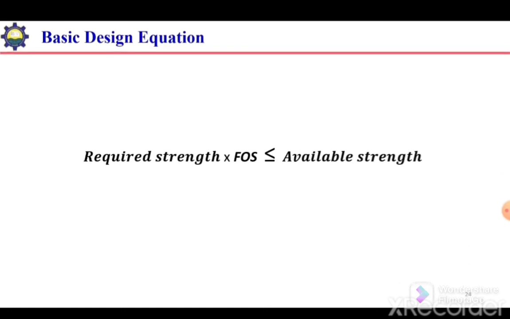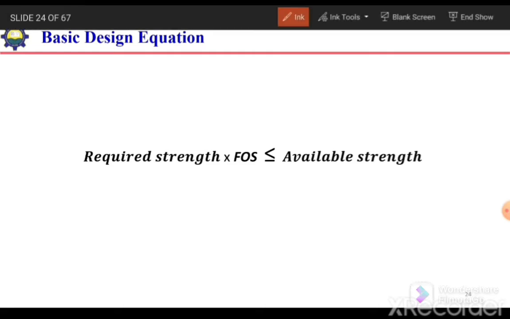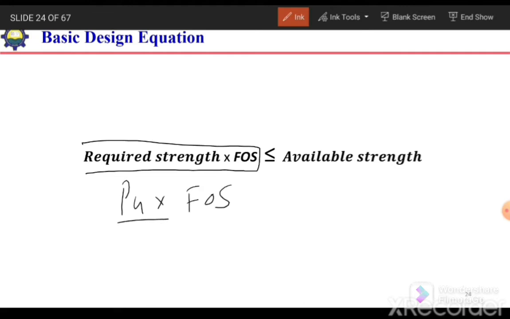Next is the basic design equation. So the basic design equation is that the capacity or the strength of the member should be more than the applied load, or we can say the required strength multiplied by the factor of safety. So this is actually applied load Pu multiplied by factor of safety. It should be less than available strength Pn, the nominal strength.